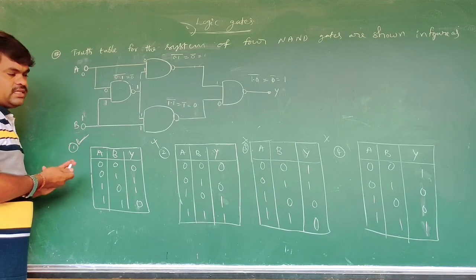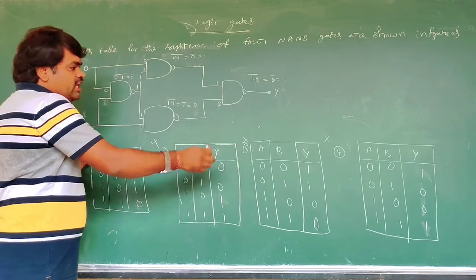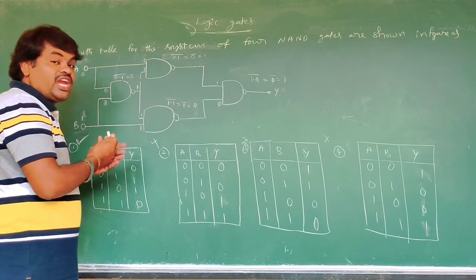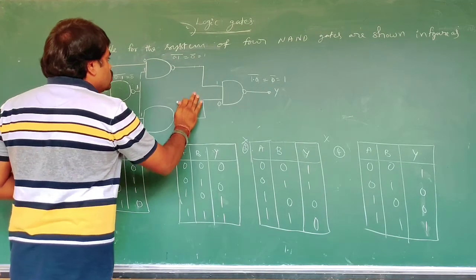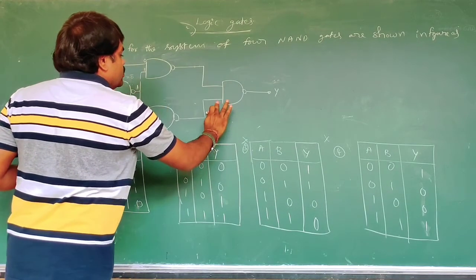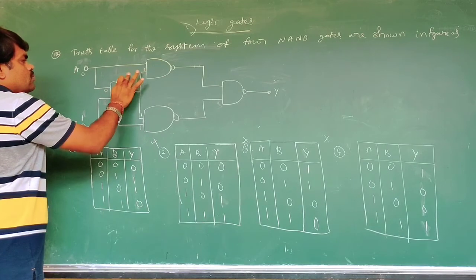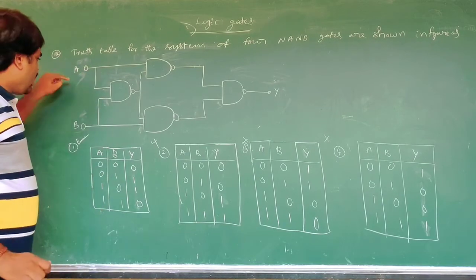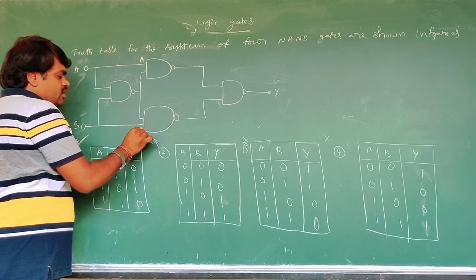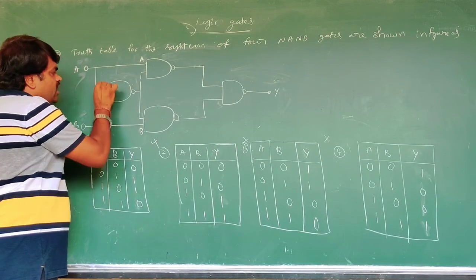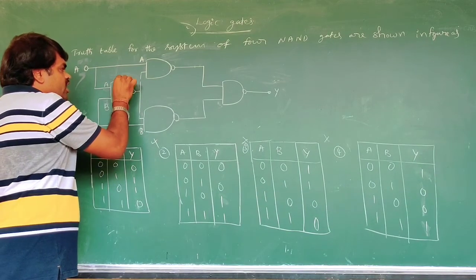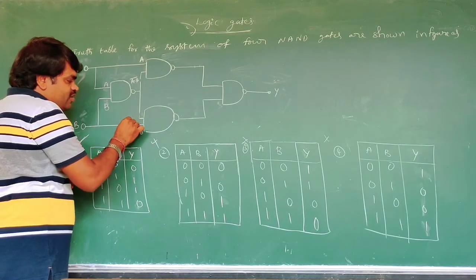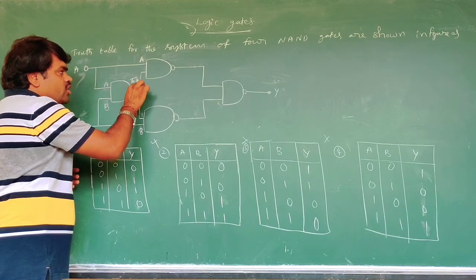This is one method. But if the question does not give the truth table and asks which type of gate this circuit combination represents, how do we do it? See, say the inputs are A and B. Here A, here B. Here we get A dot B bar, and the output of this other gate is also A dot B bar.